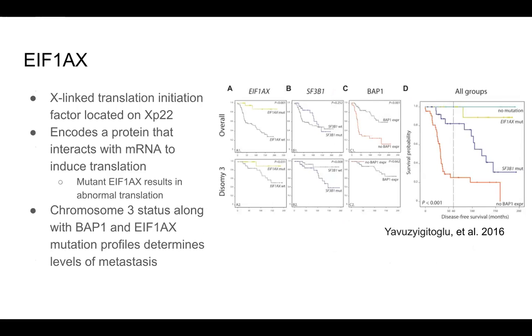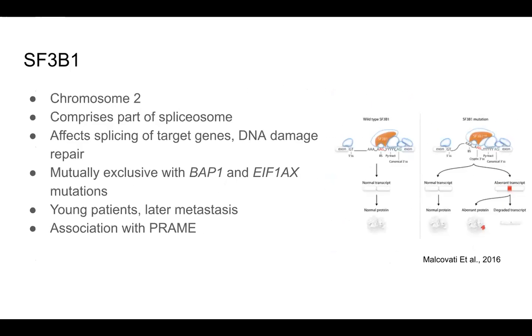EIF1AX is an X-linked translation initiation factor that encodes a protein that interacts with mRNA to induce translation. Therefore, a mutant version of this gene will cause abnormal translation of mRNA. SF3B1 is a gene that produces a spliceosome subunit. When mutated through a hotspot mutation at arginine 625, it can cause errors in mature mRNA transcripts, but further issues may arise because of the role it plays in DNA repair.